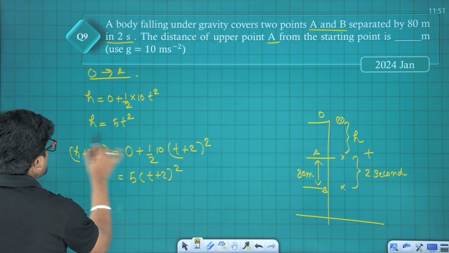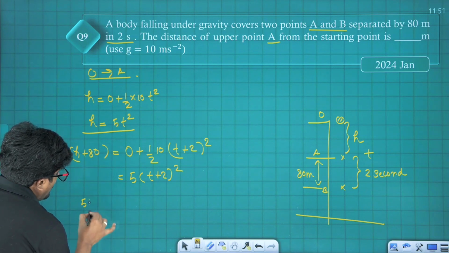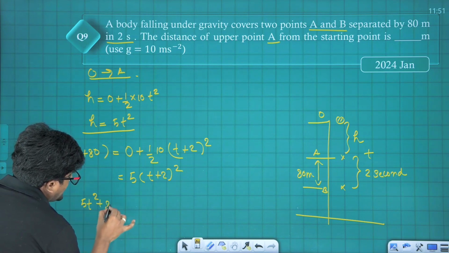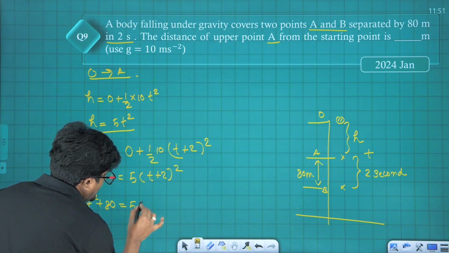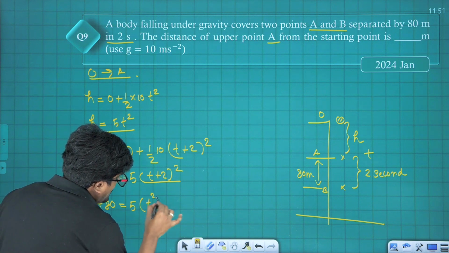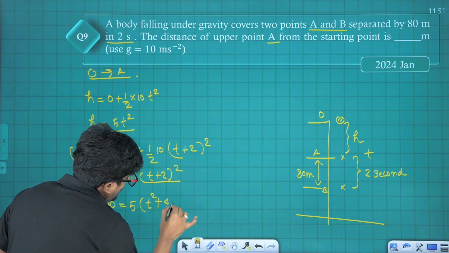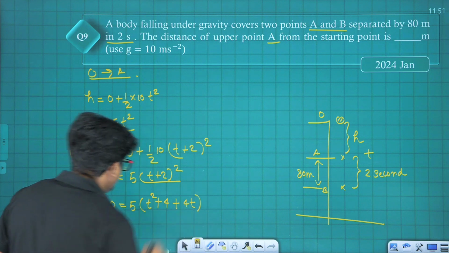We have got the expression for h here: 5t square. Let me substitute that here. 5t square plus 80, that is equal to 5 into, once I open the bracket, t square plus 4 plus 4 times t.